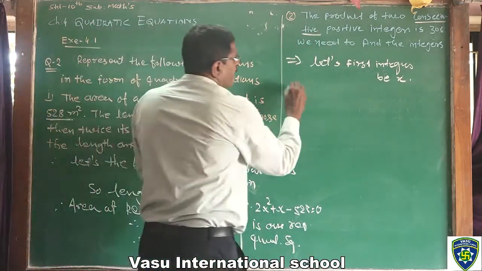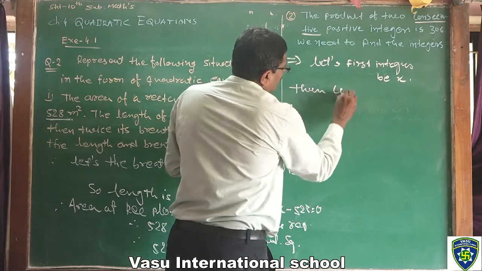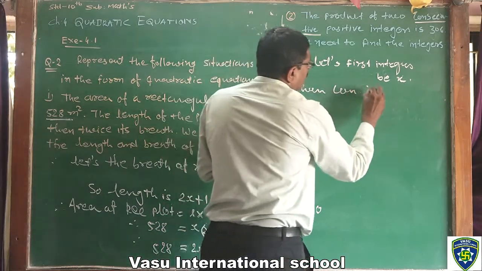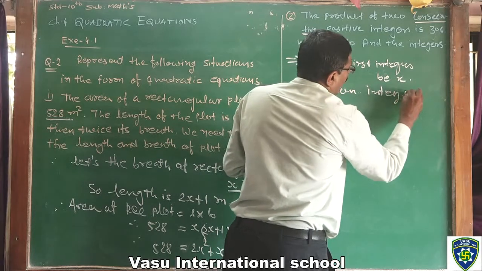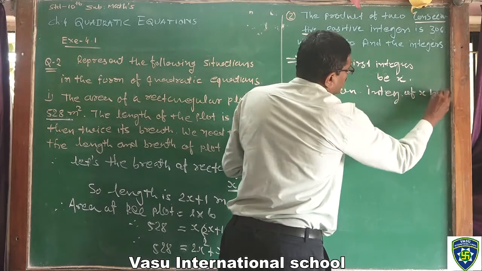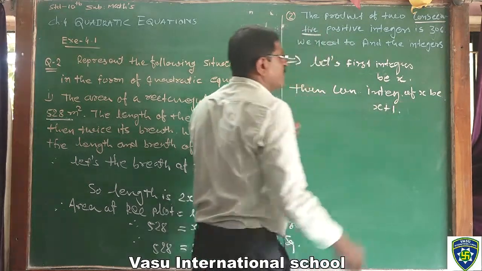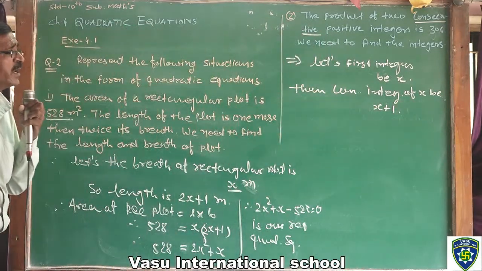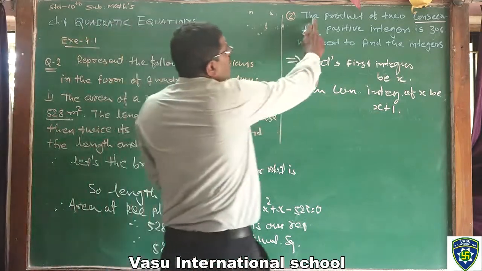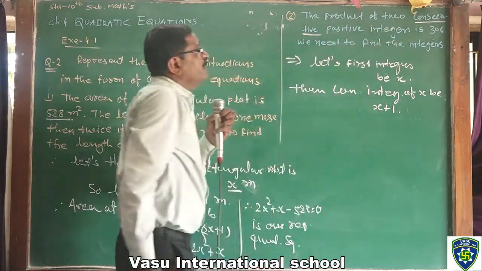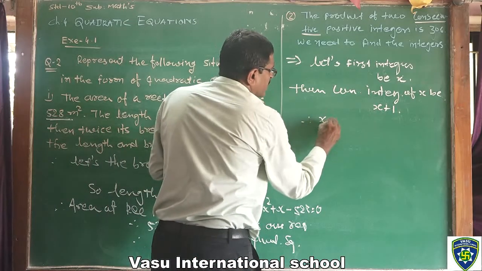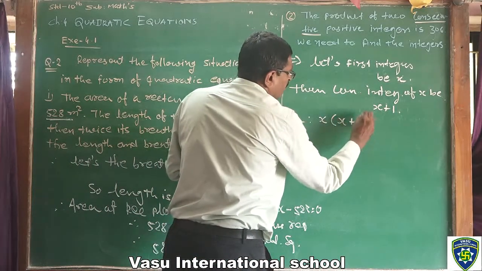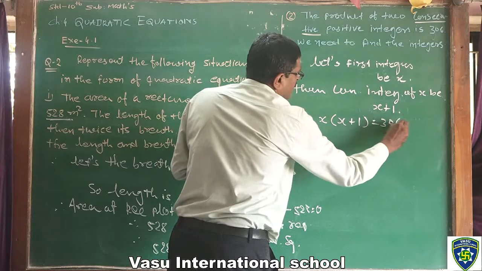Then the consecutive integer of x is x plus 1. So the product of two consecutive integers is 306. Product of two consecutive integers, x into x plus 1 is equal to 306.